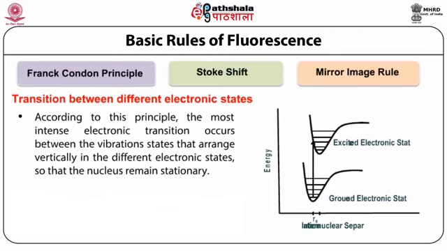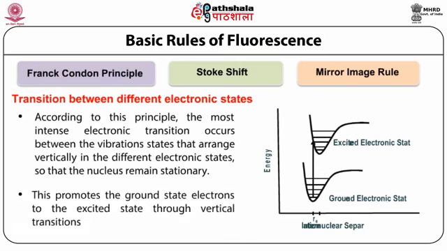Classically, the Frank-Condon principle says that the transition of electrons from the ground state to the excited state occurs without any change in the position of the nucleus.